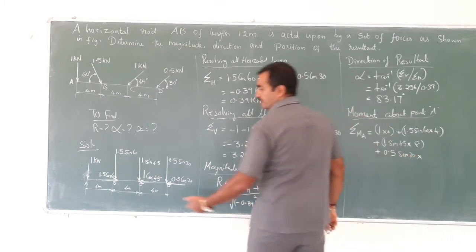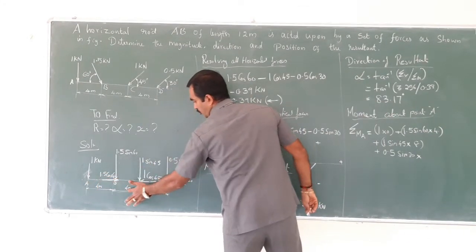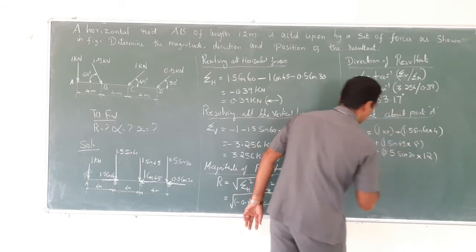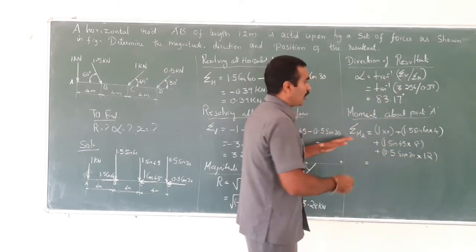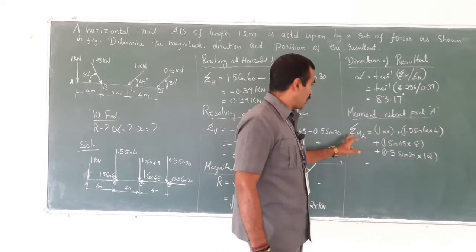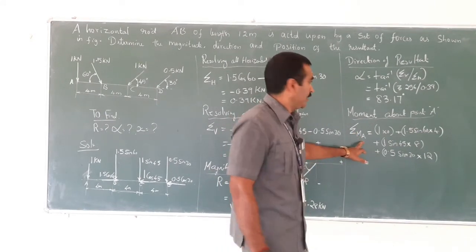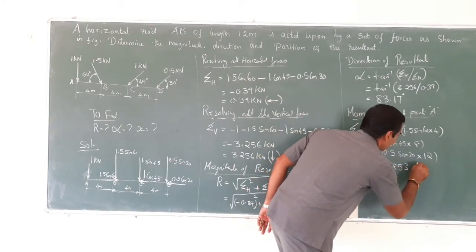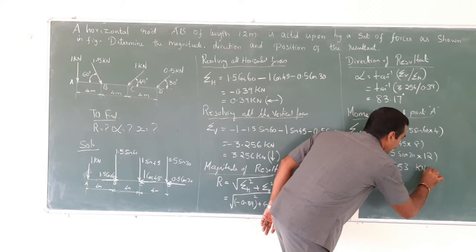Its perpendicular distance from the origin is 4 plus 4 plus 4, which is 12. When you feed all these values in your calculator, you will get the sum of the moment about A, which would be roughly 13.853 kilonewton meter.